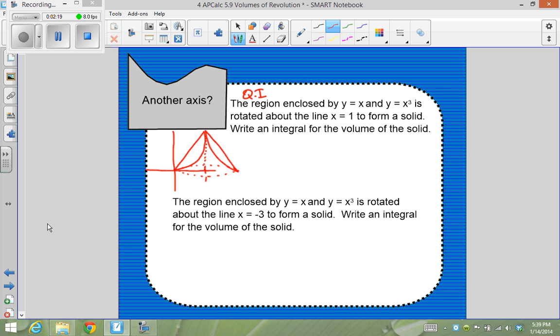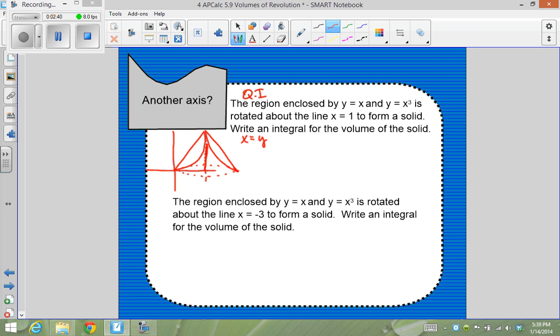Because this one is going around this vertical axis right here, I have to do everything in terms of y. I cannot leave it in terms of x, even though that was given to me. So where I have y equals x, well, that's pretty easy: x equals y.